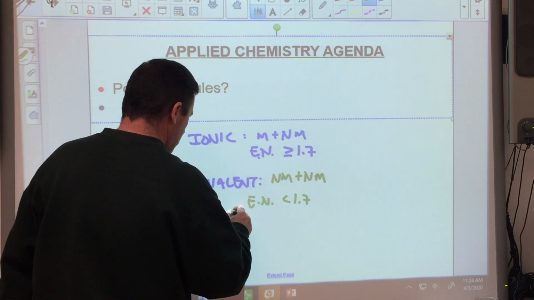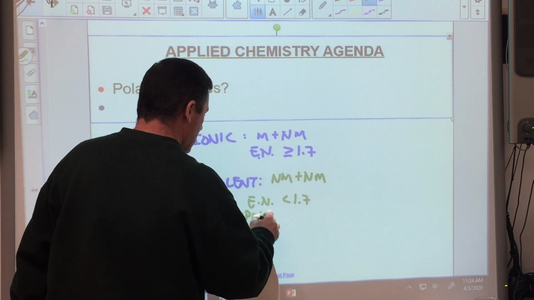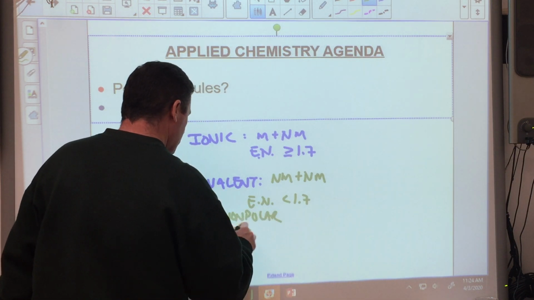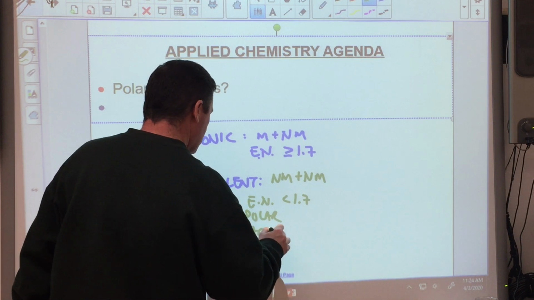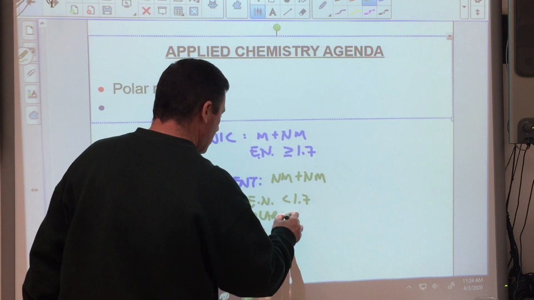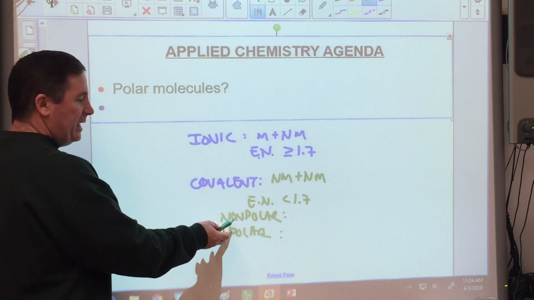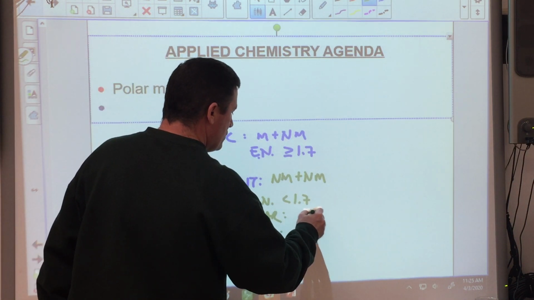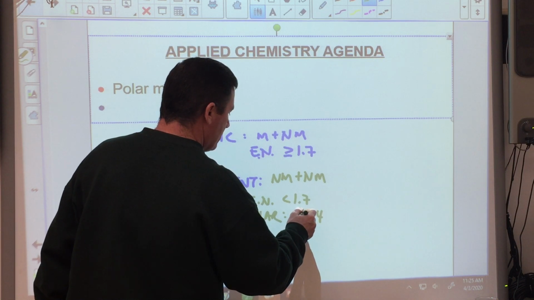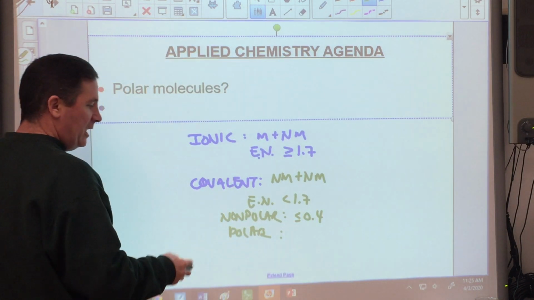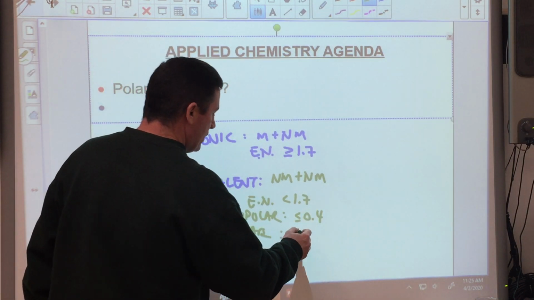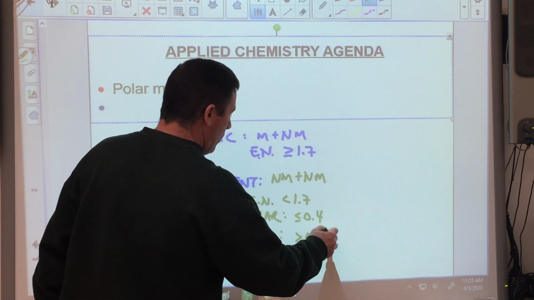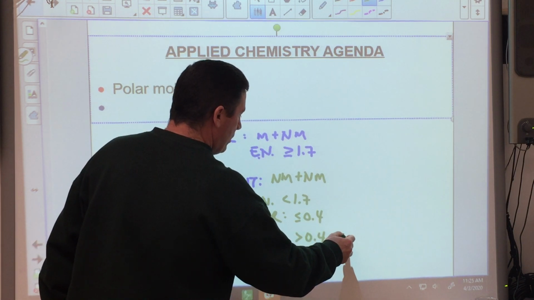There's nonpolar, and there are polar bonds. There's also a number that goes with each of these. If it's nonpolar, the difference in electronegativity is 0.4 or less. If it's polar, that means it's greater than 0.4, but less than 1.7.